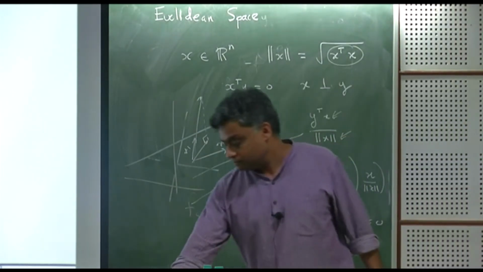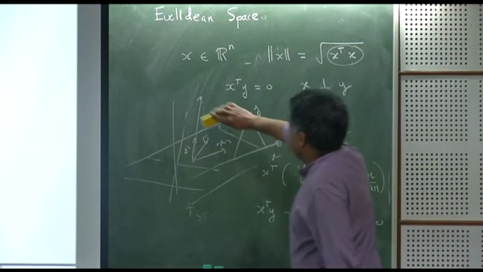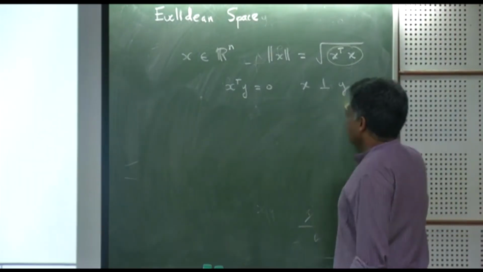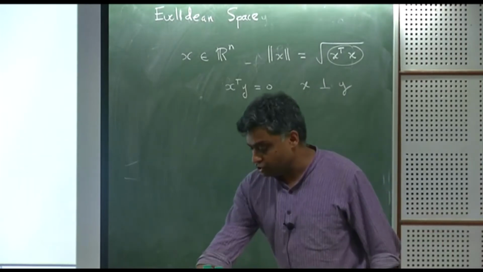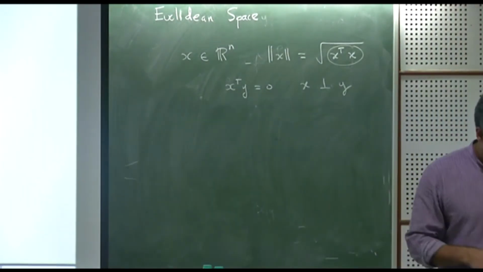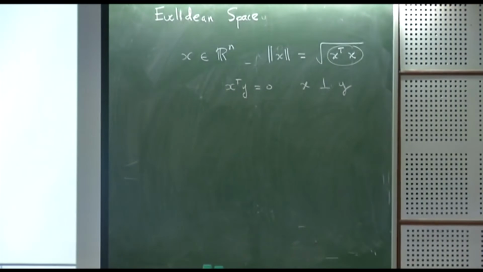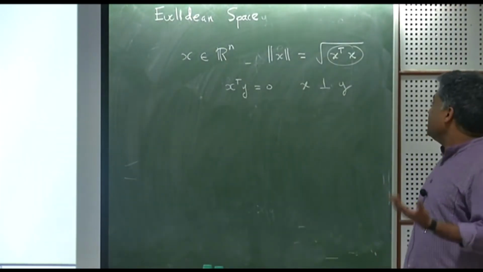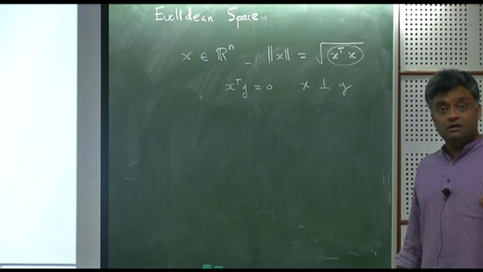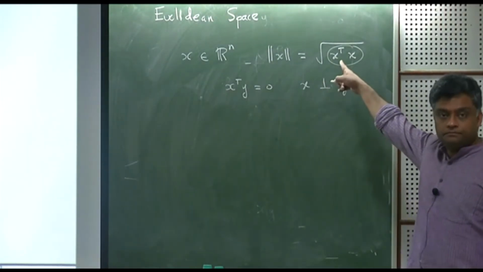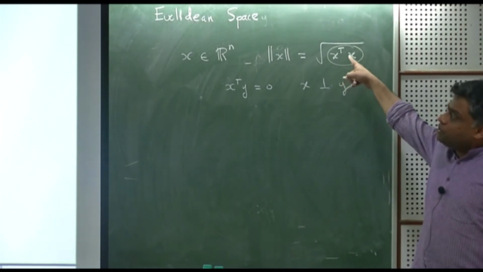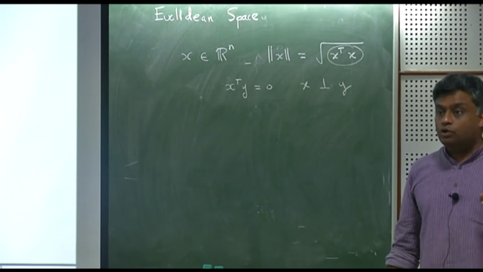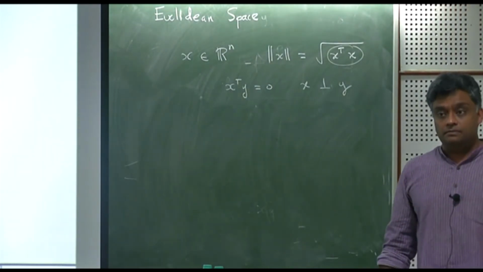Okay, good. Now, remember, in our story so far, what happened? In the SVM story, we started with the notion of doing linear projections, and the inner product that we were working with, or the kernel that we were working with, was this guy. And now we want to move away from that kernel and say I want to use some other kernel, and I want to understand what happens in that kernel.